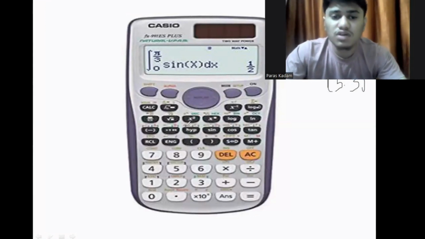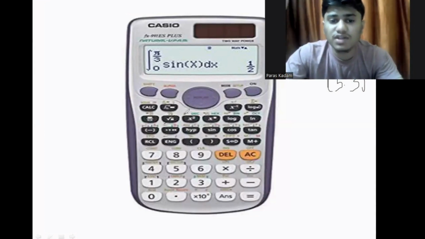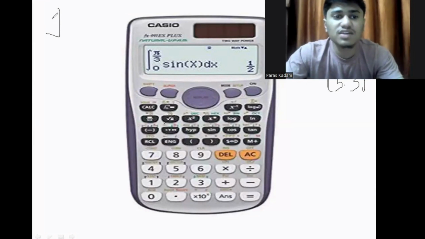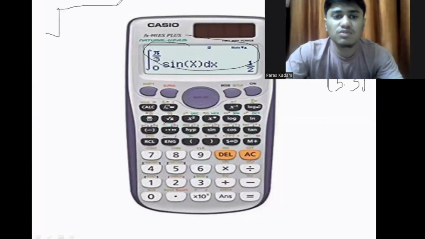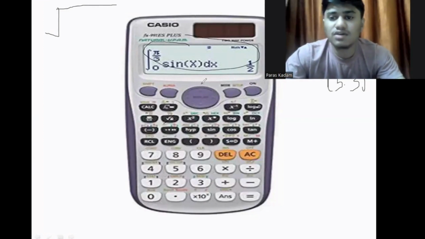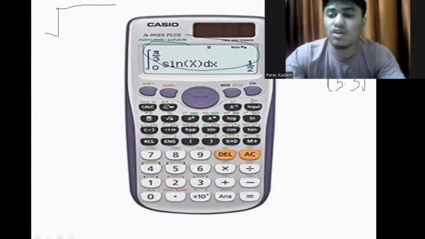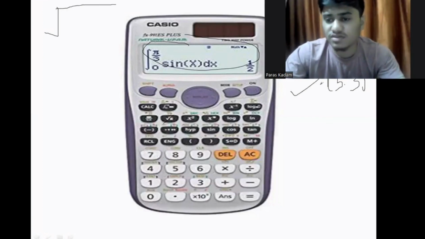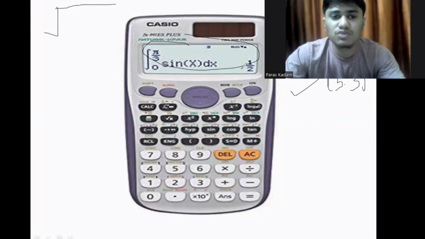Beside this box button you will see a square root button. You have to click that. After clicking on that button you will see this sign in the display box. After seeing this sign, you have to enter the desired number that you want as your output.